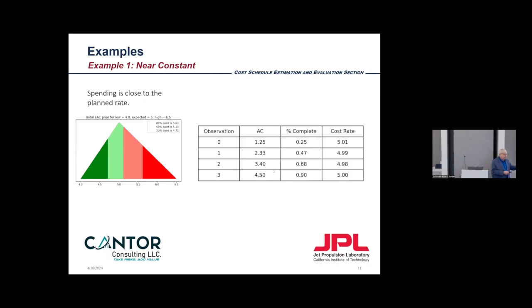Your EVM data is exactly that: you have the actual costs for work performed and the percent complete. You can take that quotient to get the cost rate, and that becomes the evidence you use for updating your prior. The way we do that is with a Bayesian parameter learning algorithm using a logistic model.